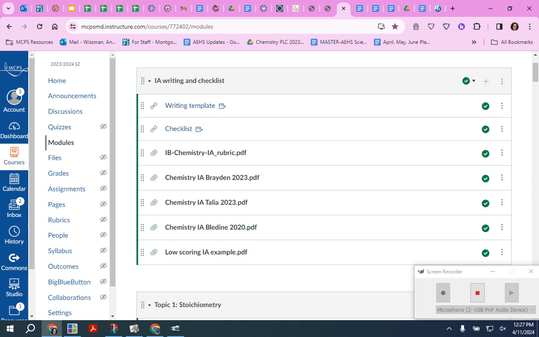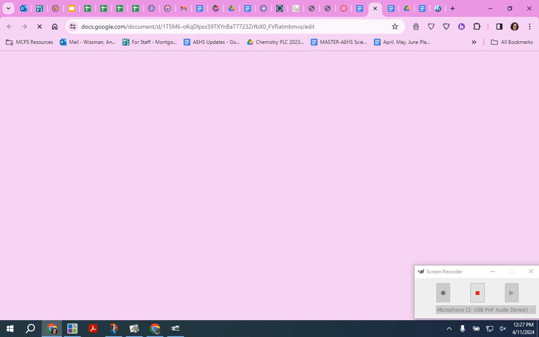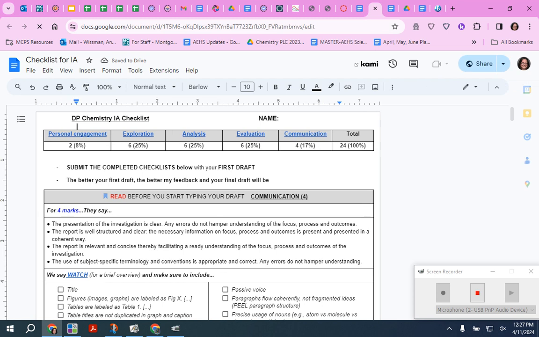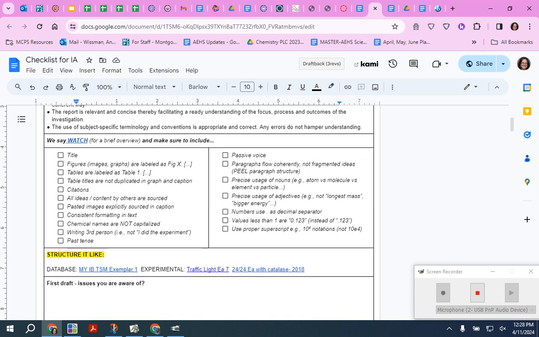You can also use the checklist. Is it this one? Yeah. So the checklist is set up kind of according to the parts of the rubric. And so all of the boxes here are things that moderators are looking for when they are deciding whether you're getting a 1, 2, 3, 4, or 5, or 6 in exploration, or whatever it is.